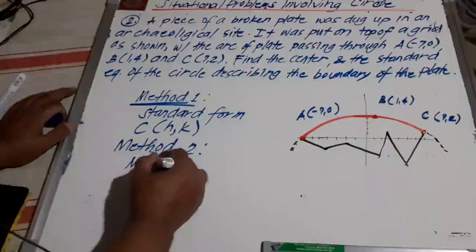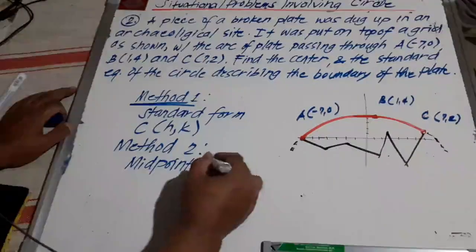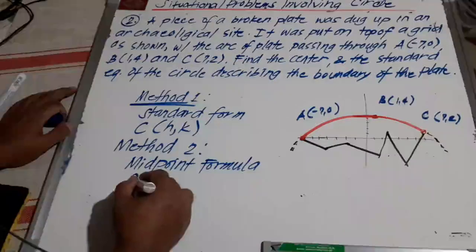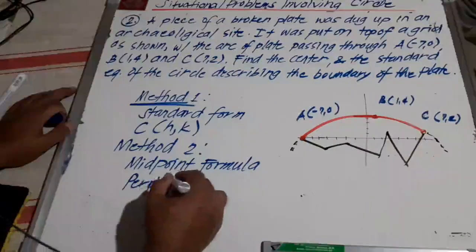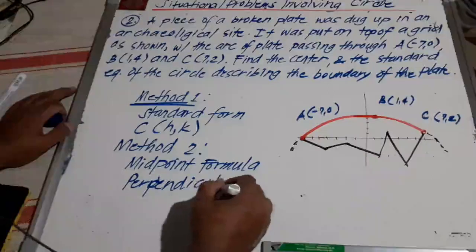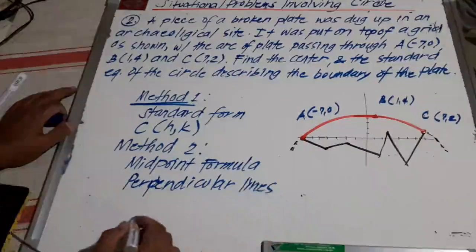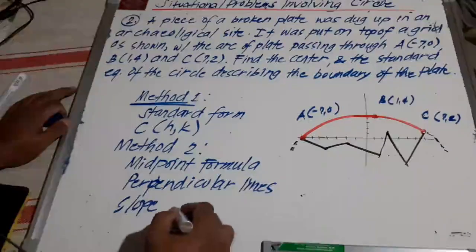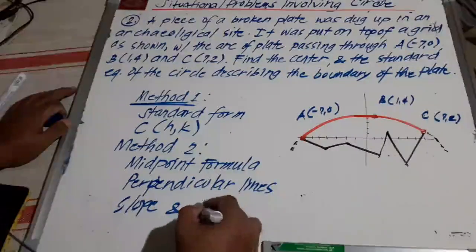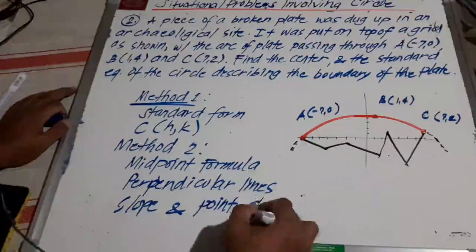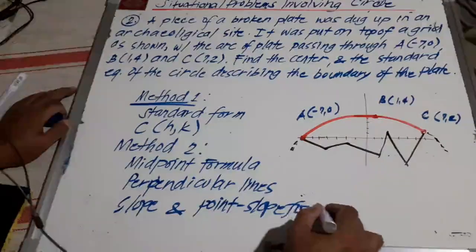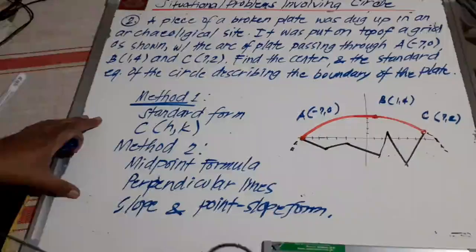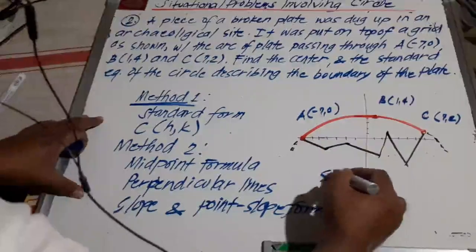Midpoint formula, ano pa, perpendicular lines, slope of perpendicular lines, then slope, and the equation of a line, yung point-slope form. Yan. 1, 2, 3, 4. Then, saka pa lang natin gagamitin yung standard form.